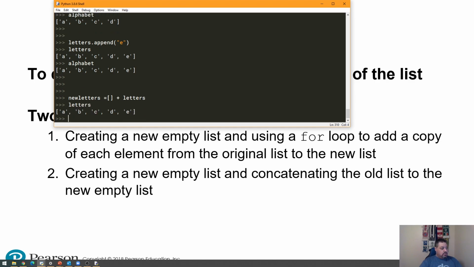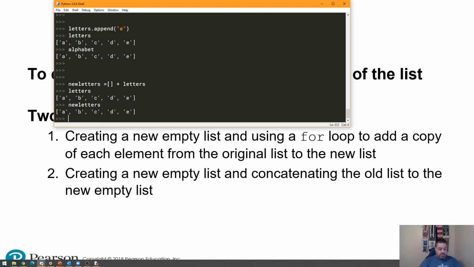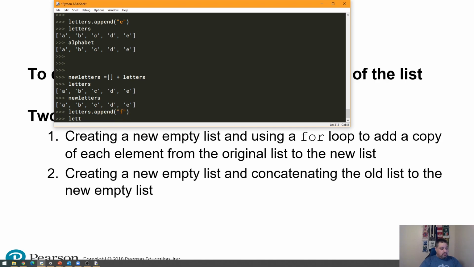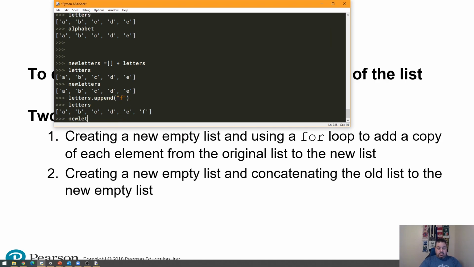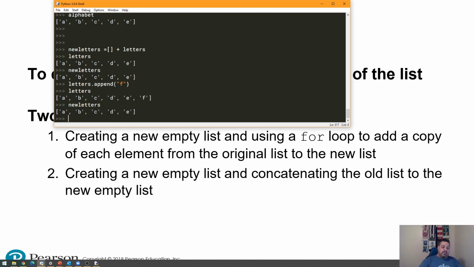Now, letters is still A, B, C, D, E. New letters was a blank list with letters concatenated to it. And now if I say letters dot append F, letters gets it, but new letters does not, because it is a complete new list with its own elements.